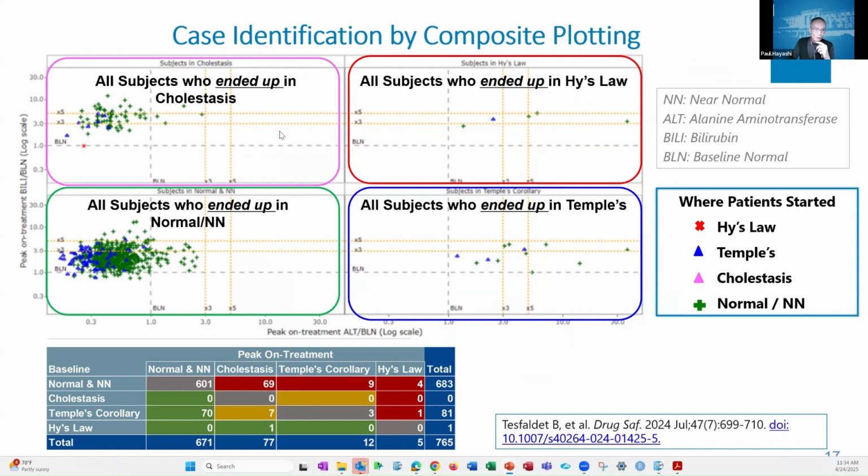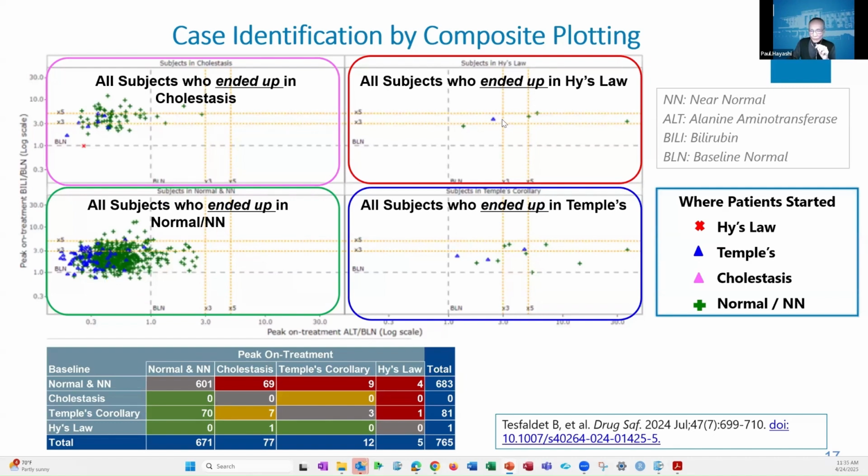First of all, these are 4 discrete mDISH plots, based on baseline for each patient. And what we did, we grouped them by every patient that ended up in cholestasis here, every patient that ended up in Hy's law or up here, ended up in Temple's, and ended up normal, near normal.